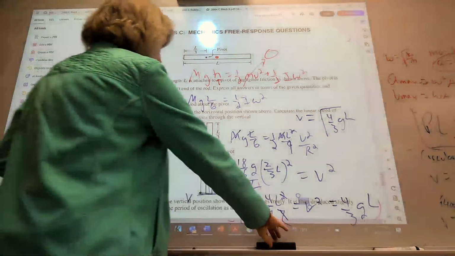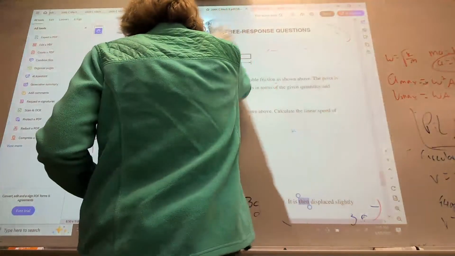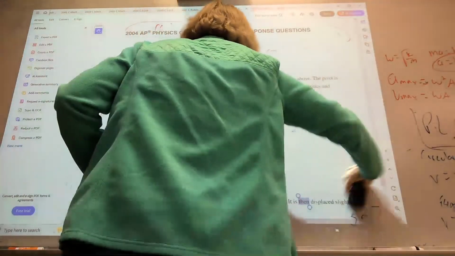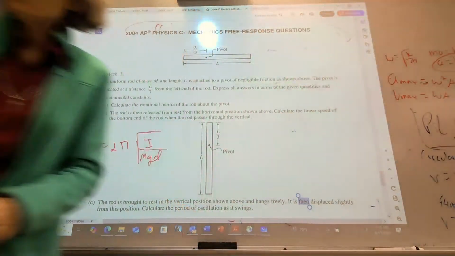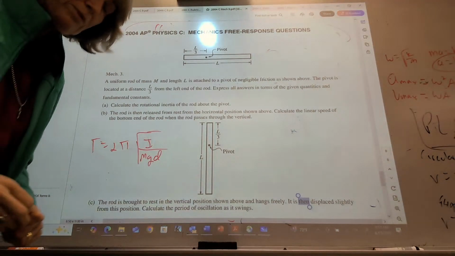So just sub in your inertia, figure out what is your D, and then see if you can simplify that, because that one you also need to simplify, but hopefully it won't be too hard.